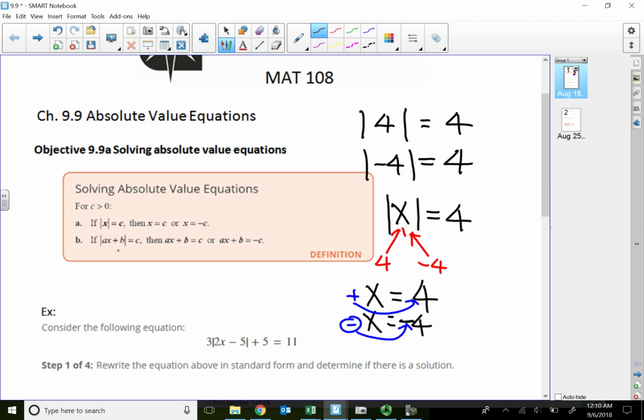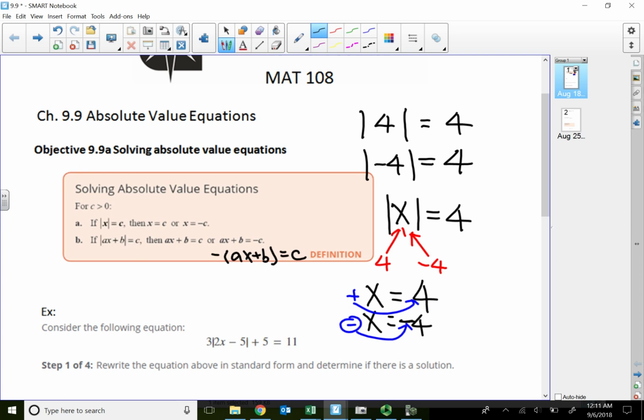All right. So if I have an absolute value of ax plus b is equal to c, then I will simply take whatever I have inside the absolute value equal to a positive c, or I can also take whatever I have inside the absolute value set equal to negative c. So mathematically, it's technically negative parenthesis ax plus b is equal to that c that's positive on the right side.